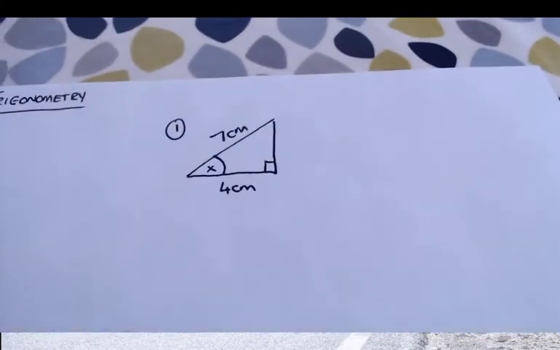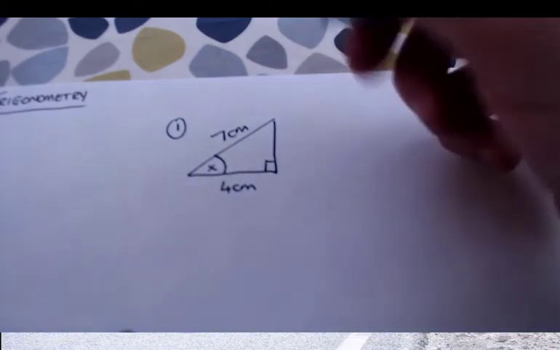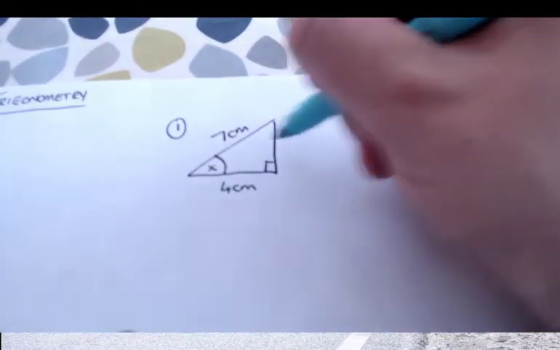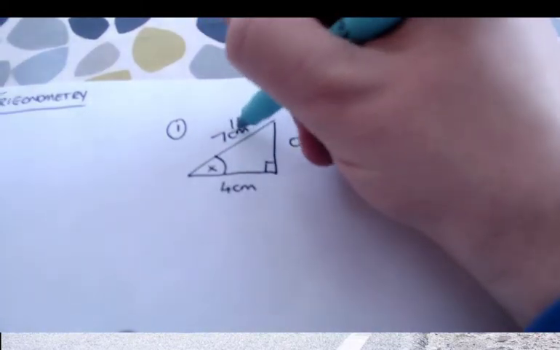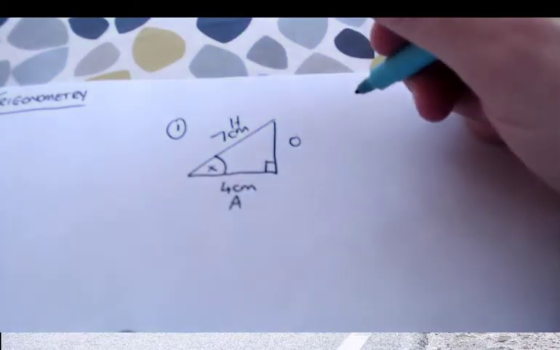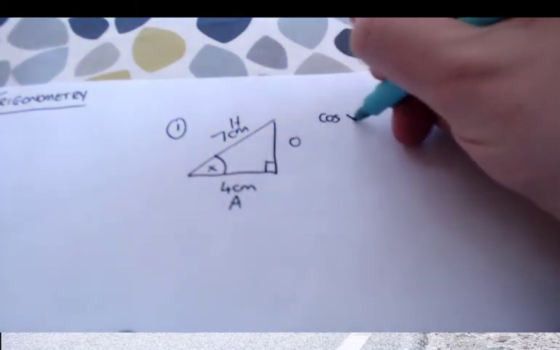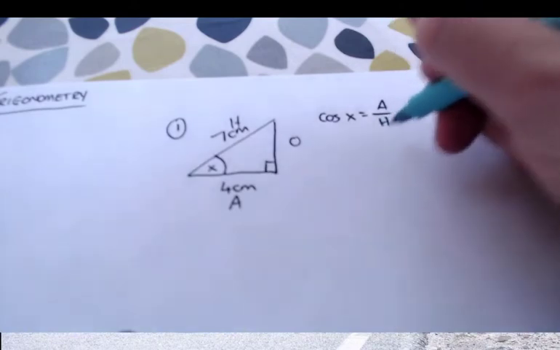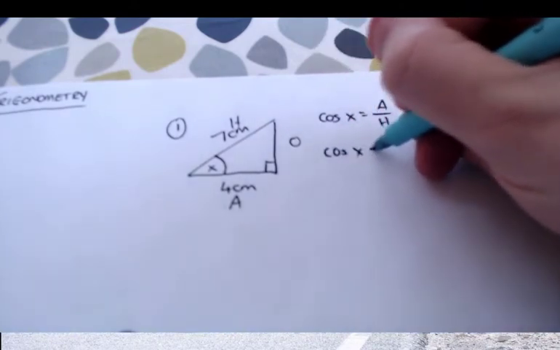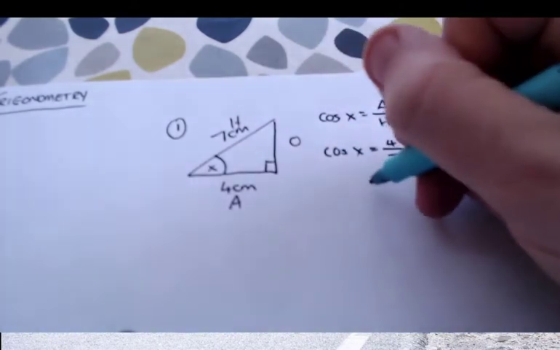Okay, your turn to try a few questions. So there's question 1. If you pause the video and give it a try just now, please. Okay, so I'll start by labelling the sides. Opposite, hypotenuse, adjacent. I'll write down my rule. Cos x equals a over h. Fill in the numbers. Cos x is 4 over 7.